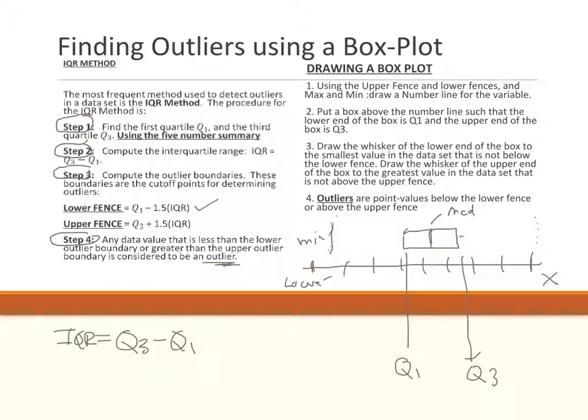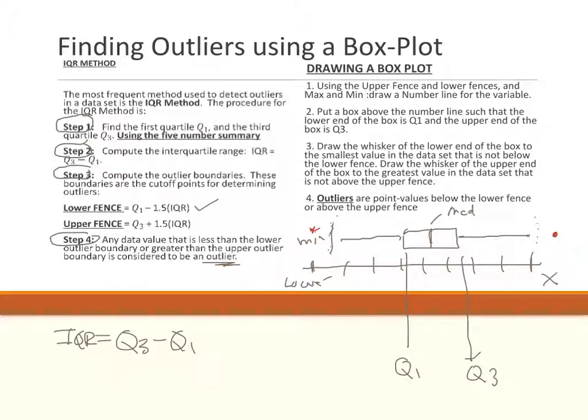So in the data set, it's the value that is closest to the fence, but not over the fence, on both sides. And then finally, we will identify our outliers. If there's an outlier, we will certainly put it into our plot.